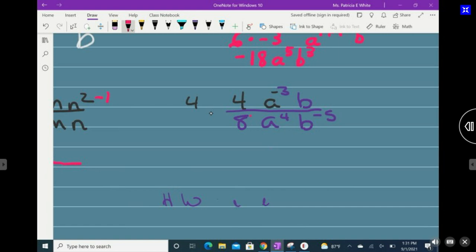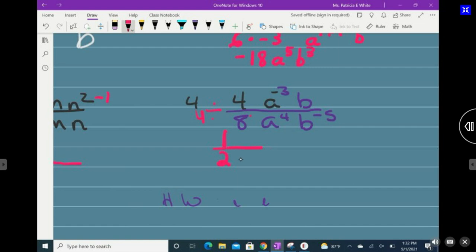So, what about 4/8? Does that reduce? What goes into both a 4 and an 8? Alright. So what's 4 divided by 4? And what's 8 divided by 4? Alright. 8 to the negative 3.